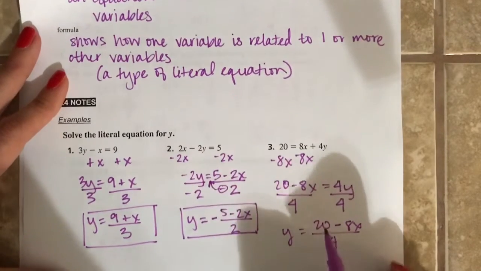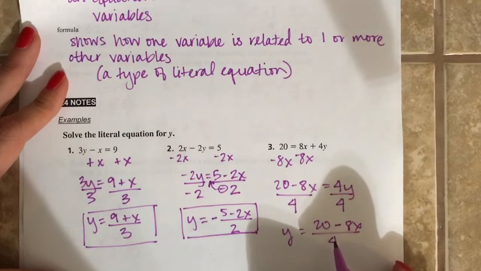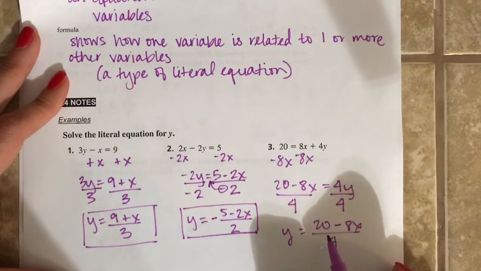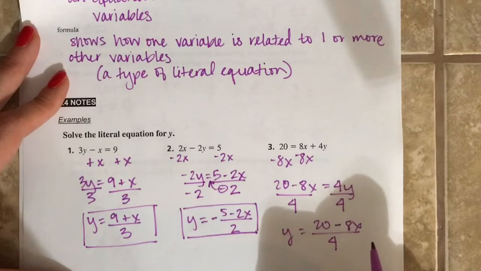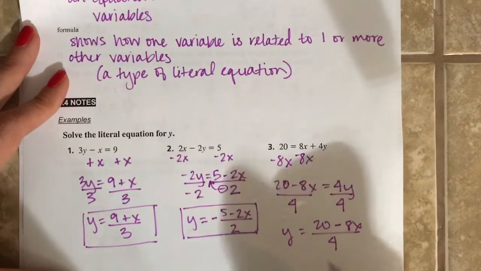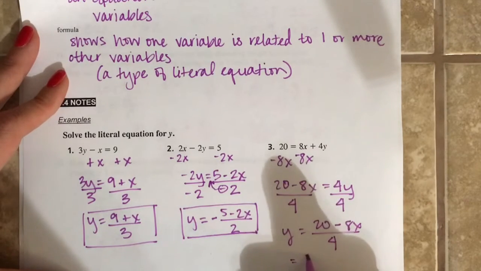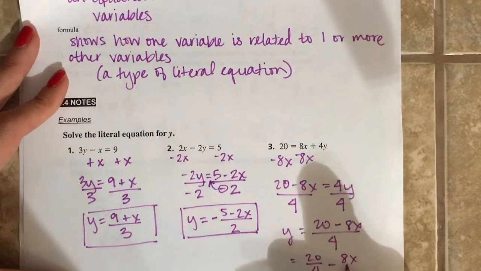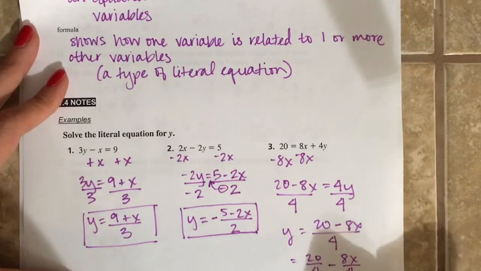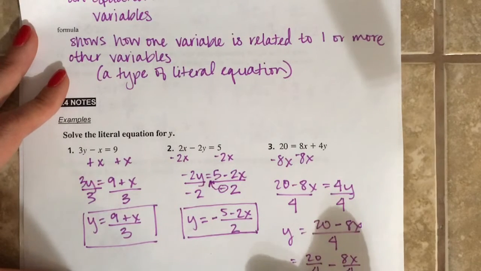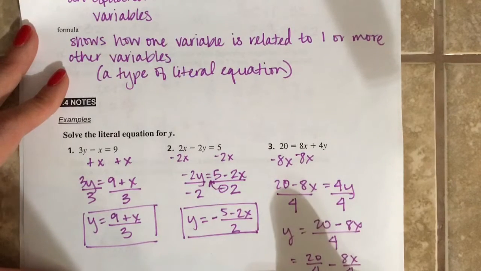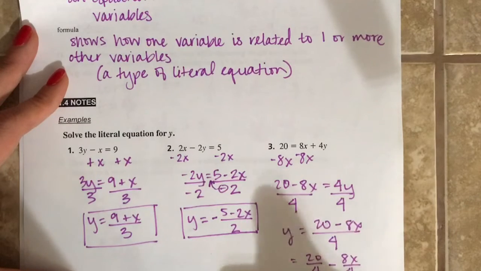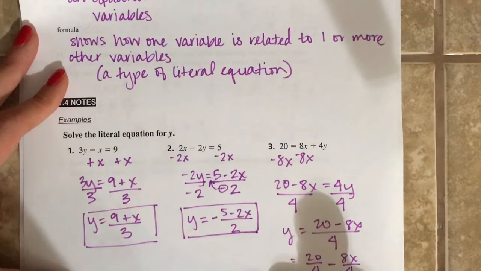Now on this one, because 20 is divisible by 4 and 8 is divisible by 4, I can simplify. Because you can think of this as this, and so I can divide each of these things by 4. So this is 5 minus 2x. Y equals 5 minus 2x.